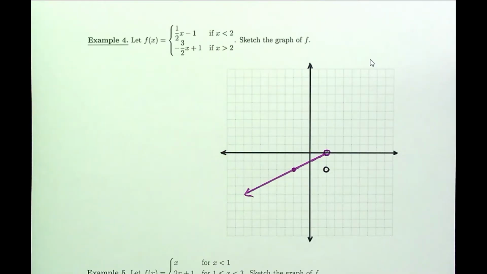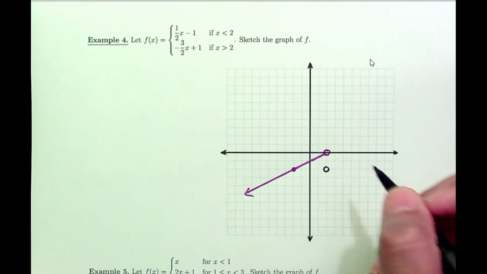Okay, now I need a number to the right of 2. Let's say I pick 6. No, something smaller. 4. Let's say you plug in 4. So if you say negative 3 halves times 4 plus 1, that is negative 5. I just put that in a calculator.